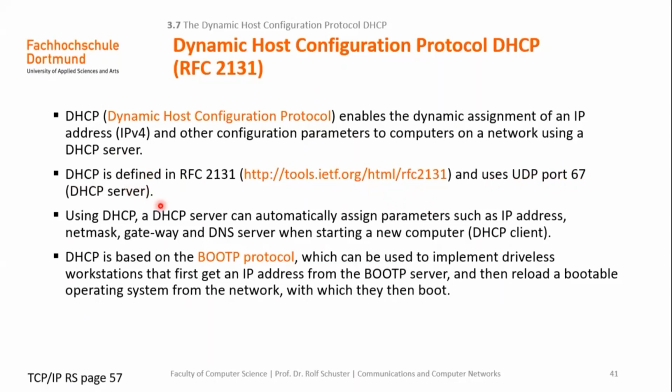The DHCP server can automatically assign several parameters, not only the IP address and net mask, but the gateway or next hop for the default route, the DNS server, and other parameters.